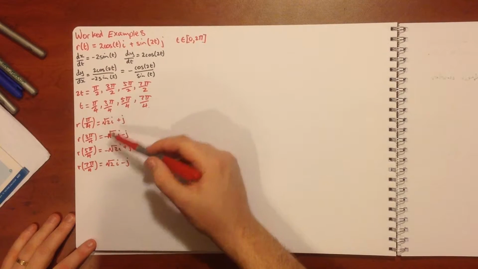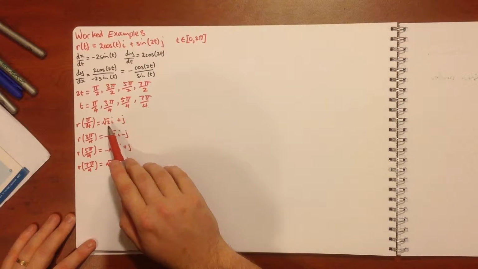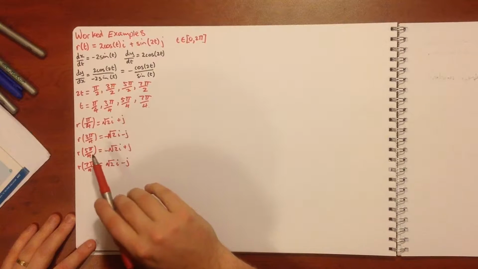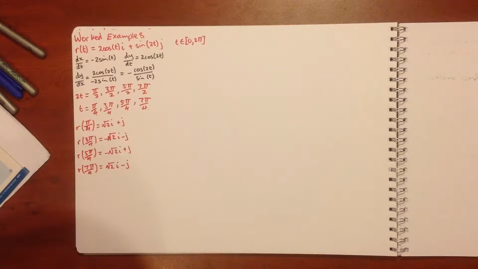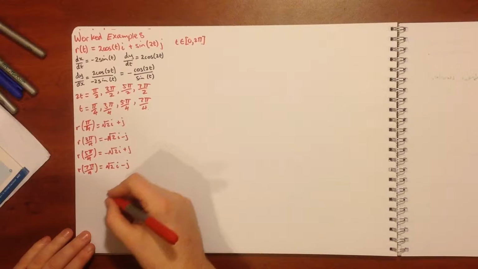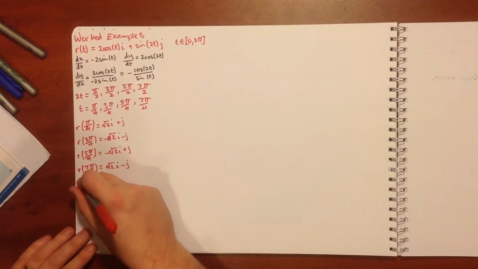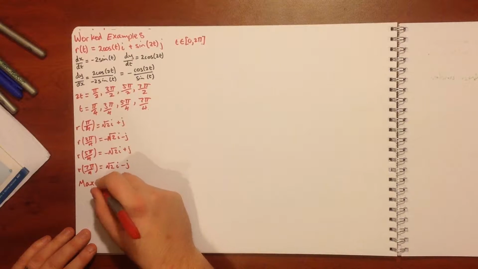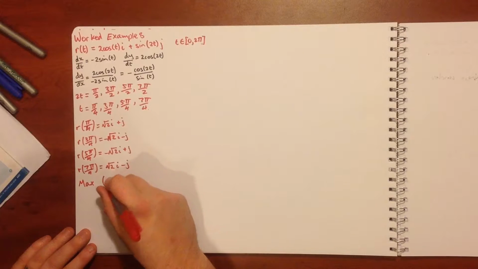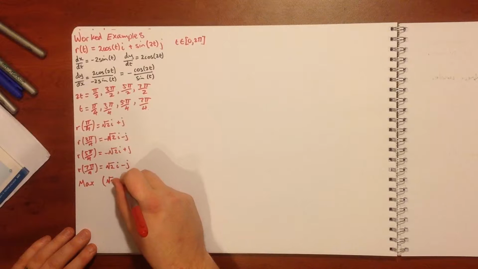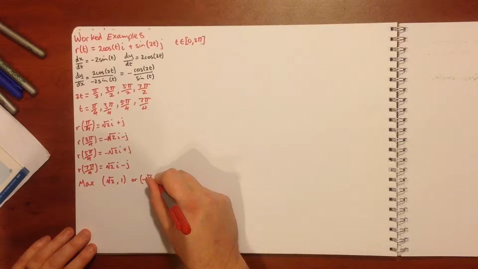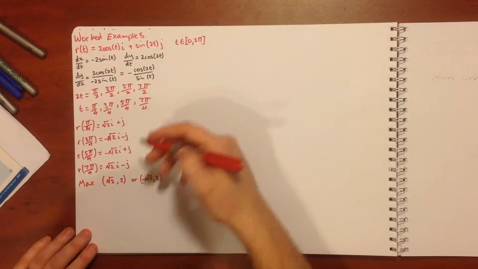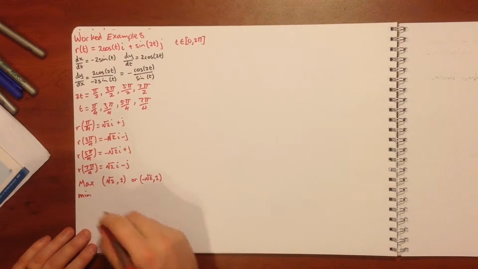So, and we think of these as coordinates as well. So we can think of it as (root 2, 1), (negative root 2, negative 1), (negative root 2, 1), and (root 2, negative 1). Okay, so we're going to get our maximum turning points. Our max is going to be at our (root 2, 1) or our (negative root 2, 1), because obviously 1 is bigger than negative 1 for our y coordinates.